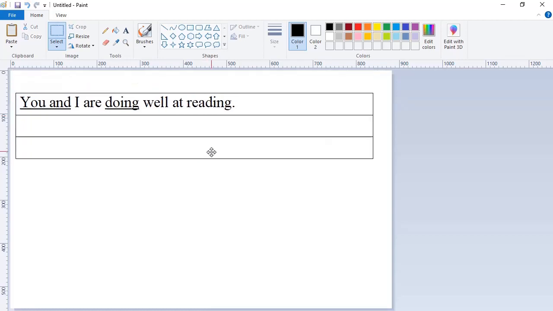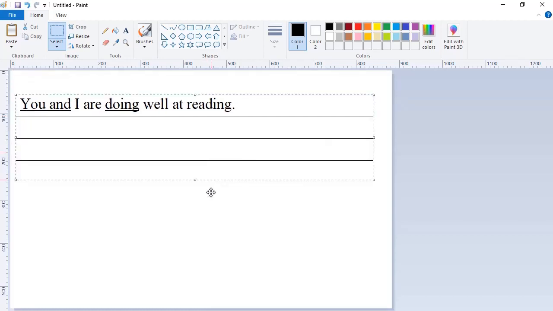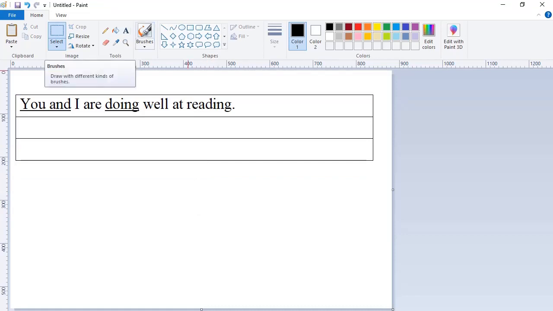So, first, "You and I are doing well at reading." Now, it says not to transcribe the words that are underlined, so we're going to copy them as they are. "You and I know." I is represented by our big circle.